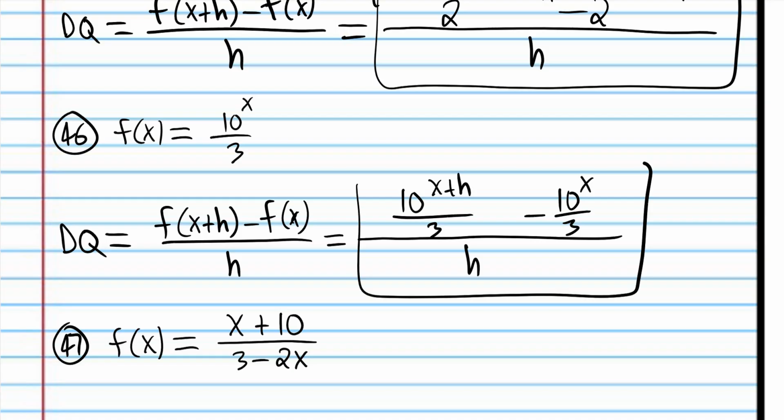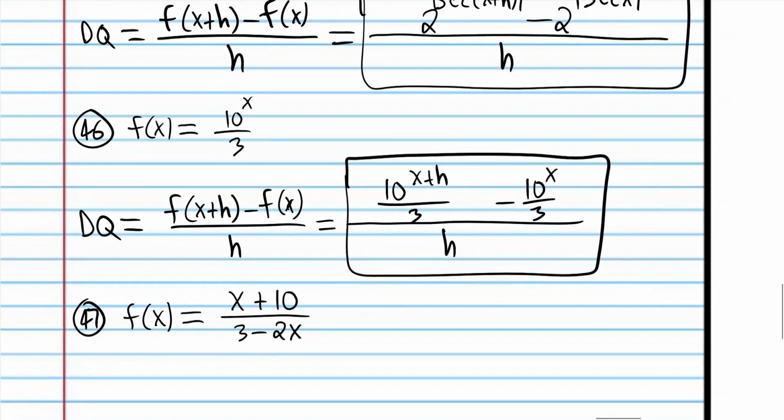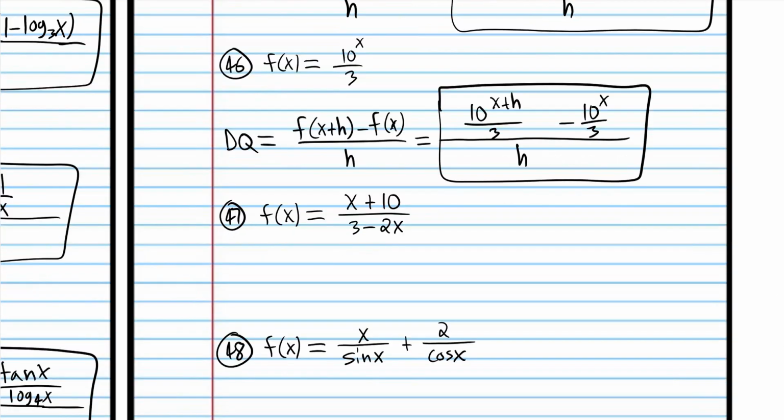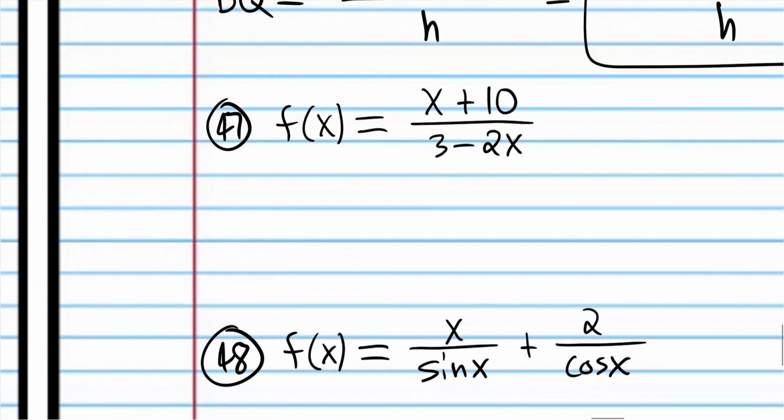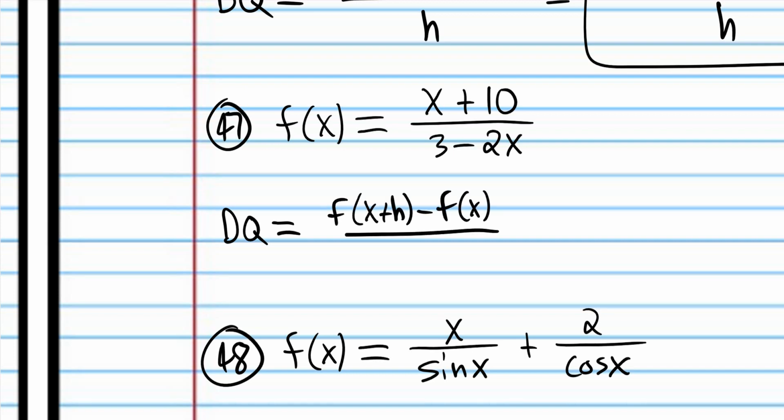Okay, we're back. So that's a complex fraction, but again, we don't have to simplify. The problem set tells us specifically that we don't have to simplify. So if you got that right, good. Try number 47. When you come back, we'll do it together. All right, we're back. The difference quotient is equal to, again, f of x plus h minus f of x over h.